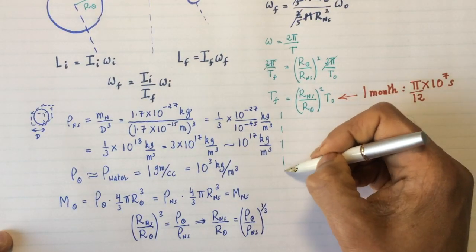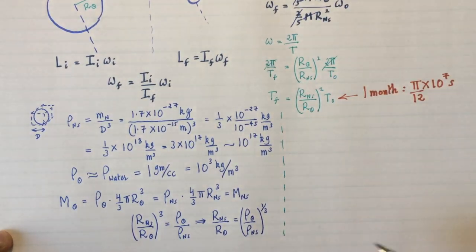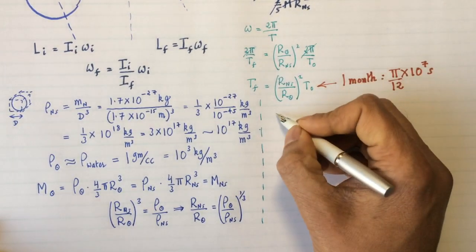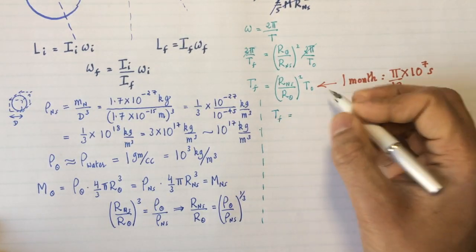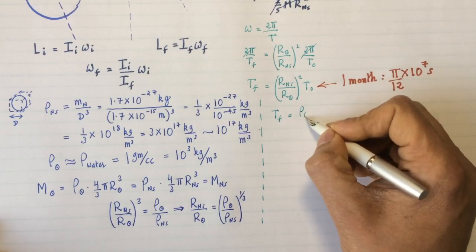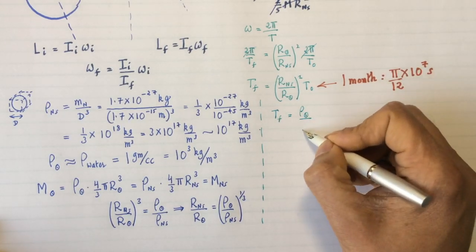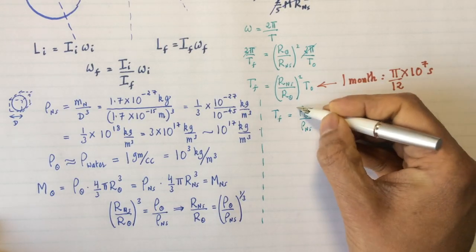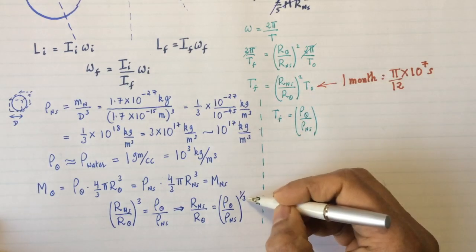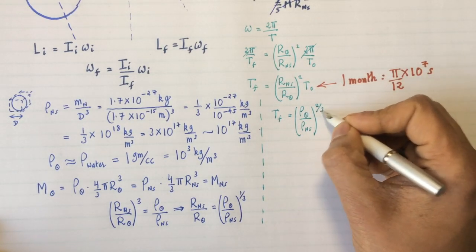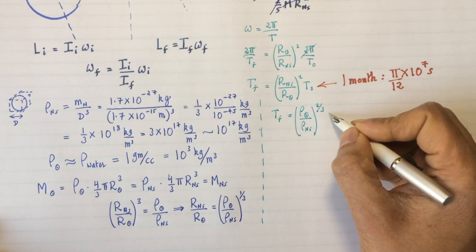Let's continue this calculation here. So T_F is going to be rho sun over rho NS. Now I have squared and a 1/3, so it's going to be 2/3 power, times T naught, which is 1 month.